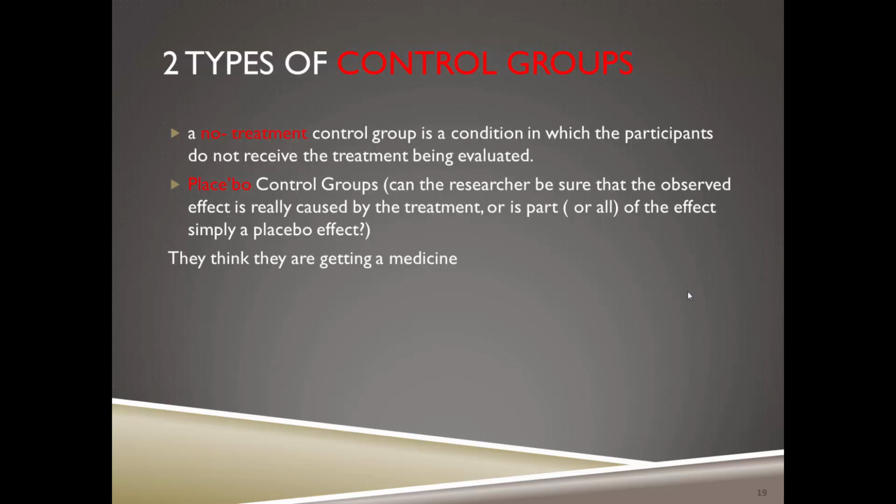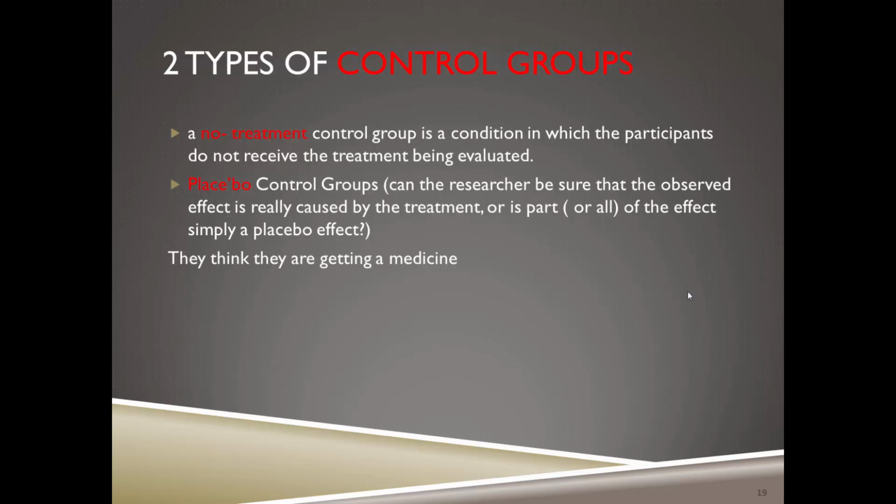So far, I've been talking about two groups: control group and experimental group. But sometimes we need to have two control groups or two experimental groups. And also sometimes, besides the no treatment group or the control group, we have a placebo group. Placebo group or placebo control group is the group that they don't get the treatment, but they think they're getting it.